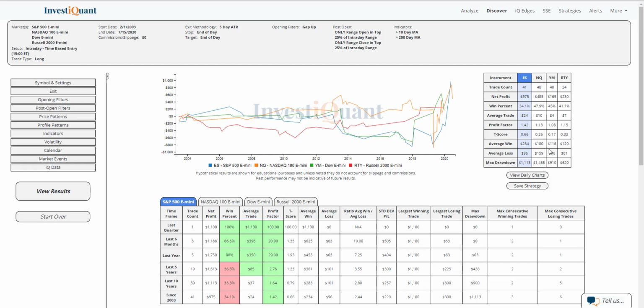YM, fairly similar, but the win is just a touch larger, and Russell, a little bit larger average win than loss. So as a group, we saw all four of those have larger winning trades on the long side than the losing trades. However, the win rates on them were all weak. So historically, it has favored larger moves to the upside than the downside, but they just don't happen all that frequently, is what this data is telling us.